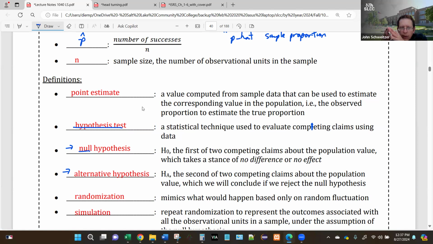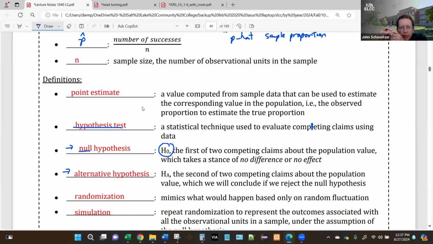It's kind of the status quo conservative hypothesis. We call that H0, 0 for null, and it's the first of the two competing claims about the population value. It typically takes a stance of no difference, no effect, nothing new or nothing interesting. It's the status quo.